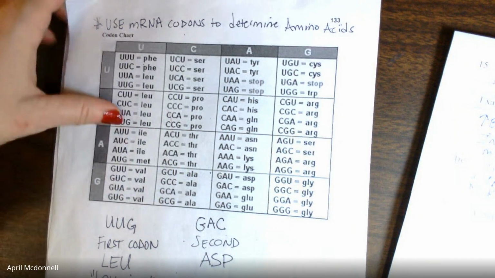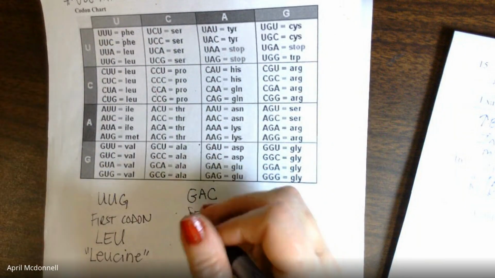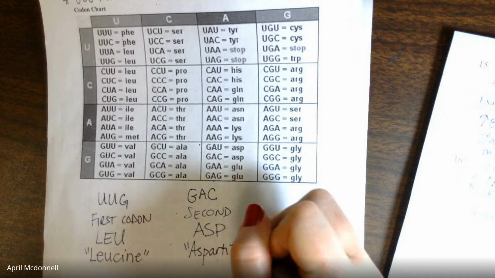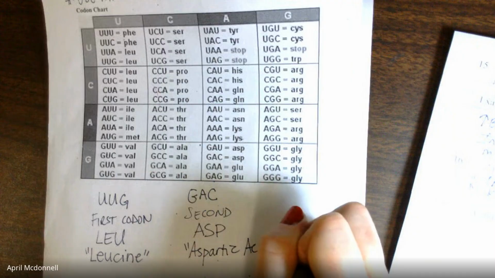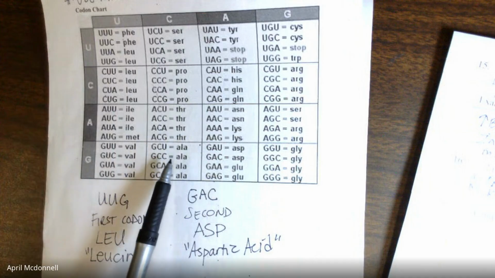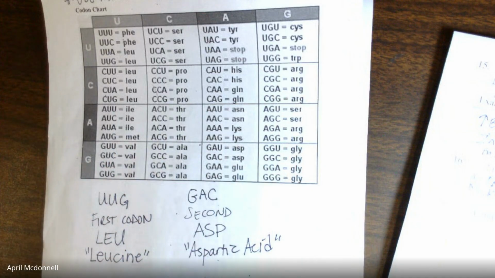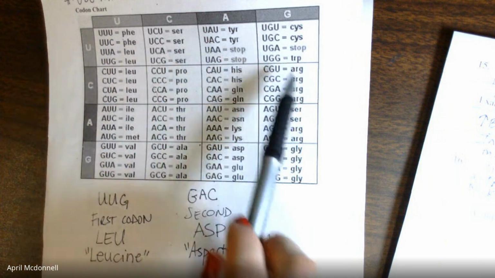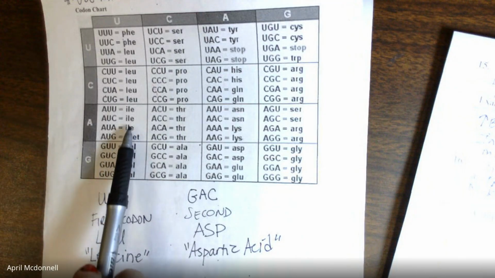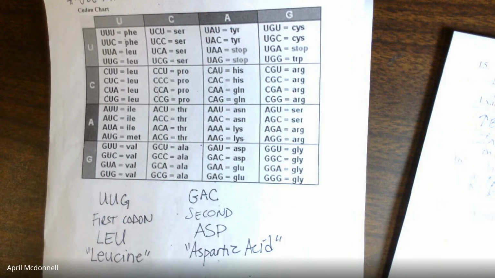ASP actually stands for aspartic acid, which is just the name of another amino acid. You can very easily Google the codon chart to find the full names of the amino acids. Your lab manual has this table, and these are the abbreviations for the names of the amino acids.